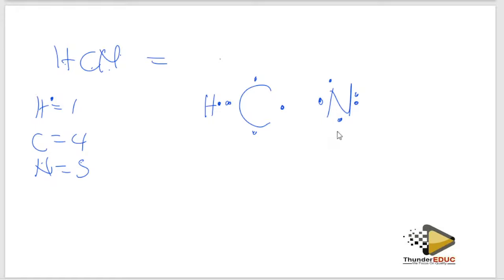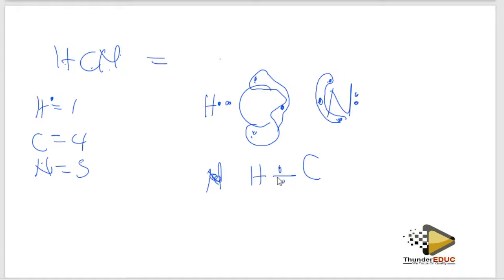I have 3 electrons which are free on the carbon, and I also have 3 electrons which are free on the nitrogen. It means that this electron and this will combine, this and this will combine, and this and this will combine. Hydrogen is going to form a bond with the carbon, so that one is sorted.